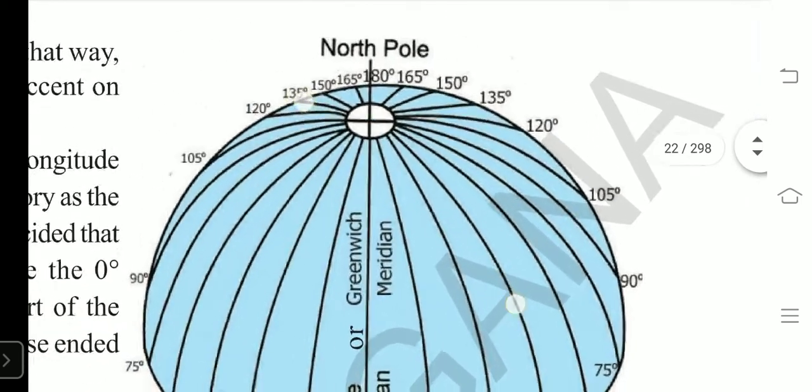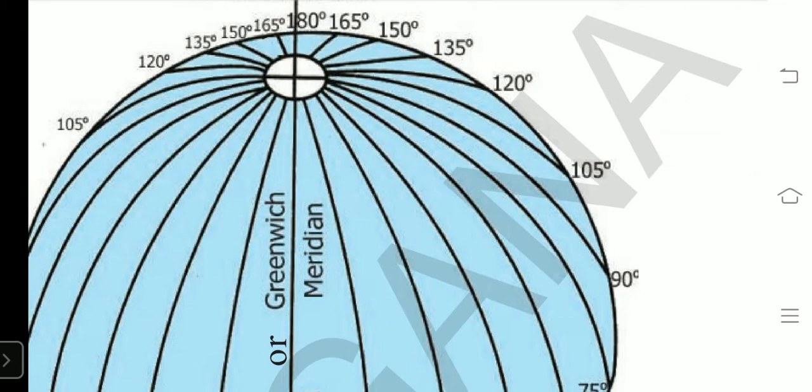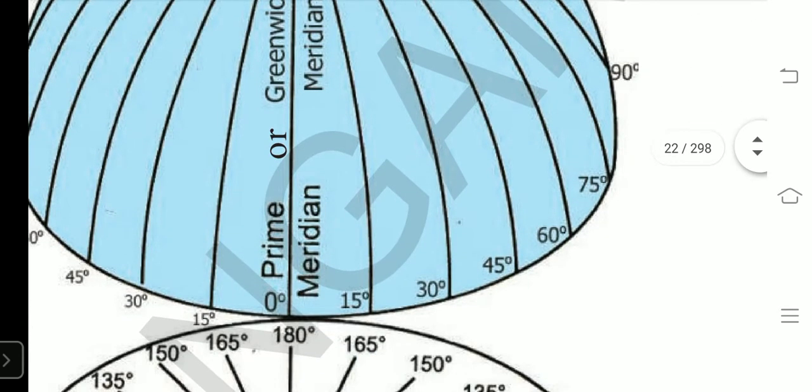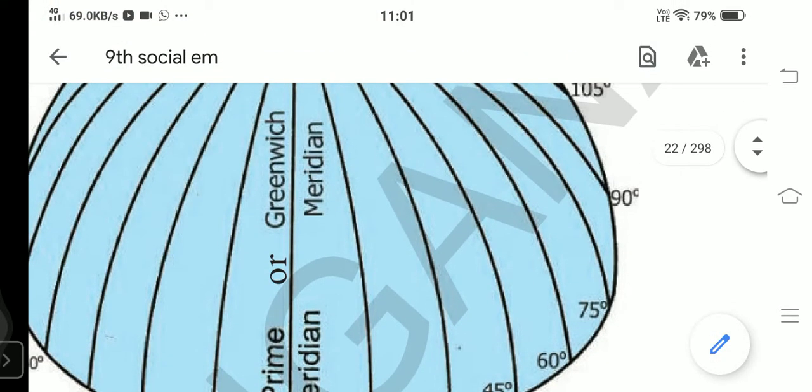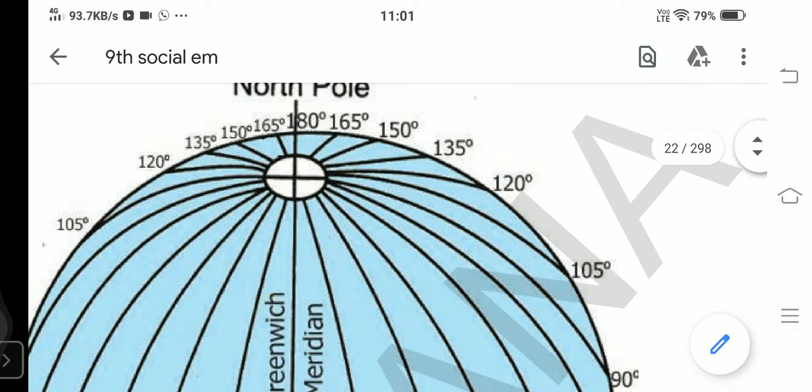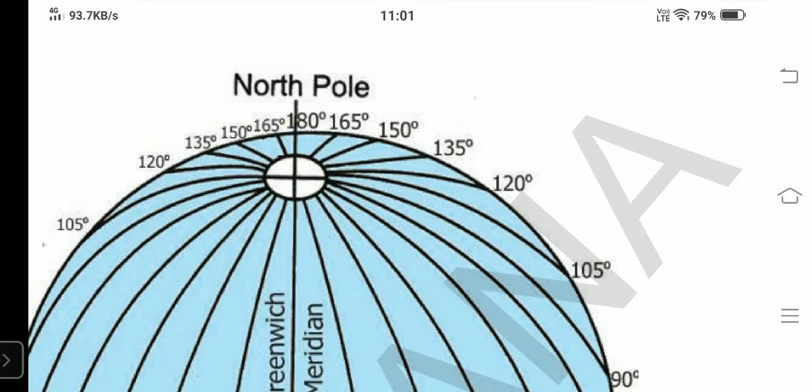So on 180, what are we getting? 12 hours night. When it is 12 afternoon on the prime meridian, on its opposite, that is the 180 degrees anti meridian, it is 12 o'clock night, opposite to that one.